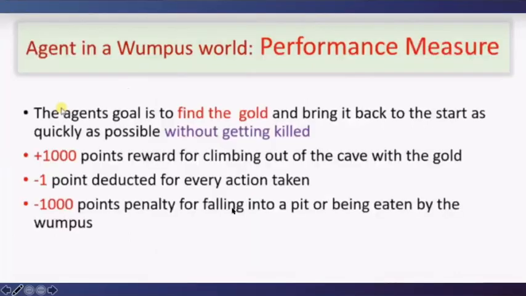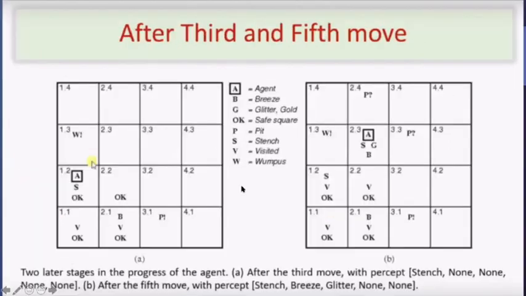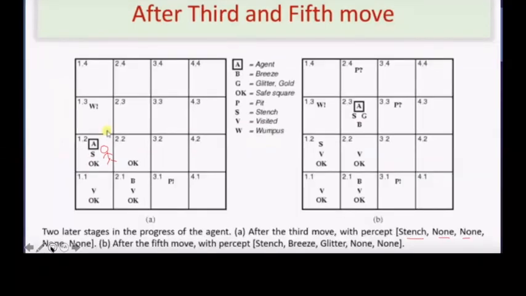So you see that in the third position, what is the percept sequence when the agent is here? It will feel stench, because there is a wumpus, and all other things are none, right?